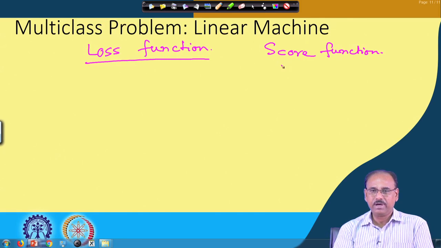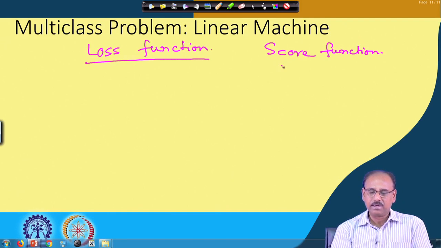That means, if my feature vector belongs to class omega 1, or category 1, then in the score vector that I get, the first component should be maximum and all other components should be less than the first component, so that my classification is correct. If it is not, then I have to go for updation of the parameters of the linear machine, and these parameters are nothing but W and W naught. And by updation, I should be able to tune the parameters so that I get a correct classification.